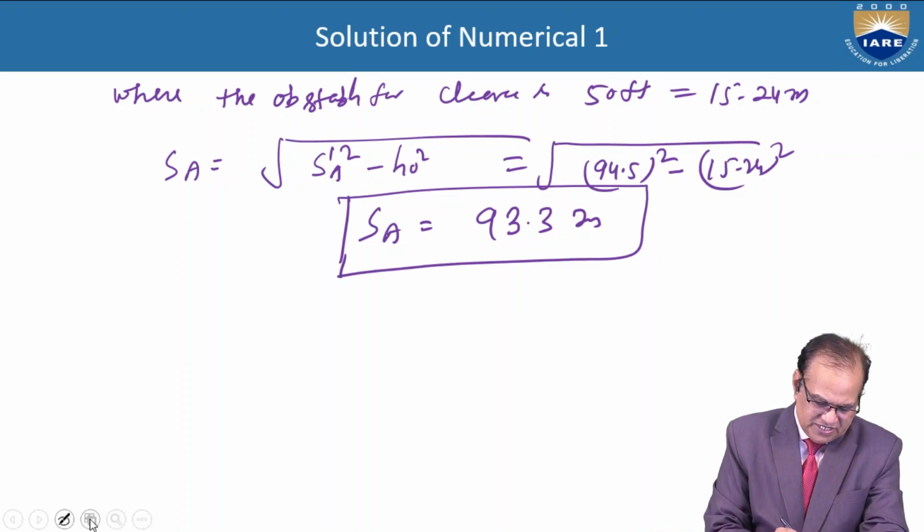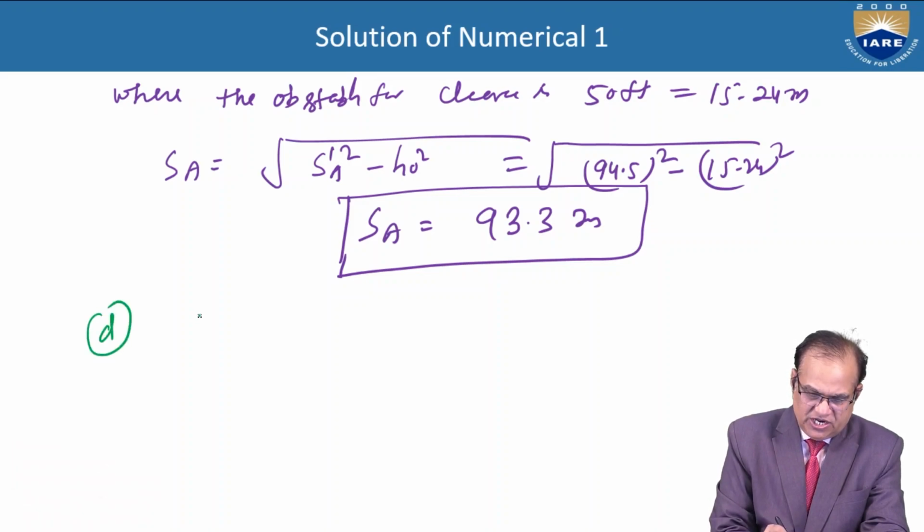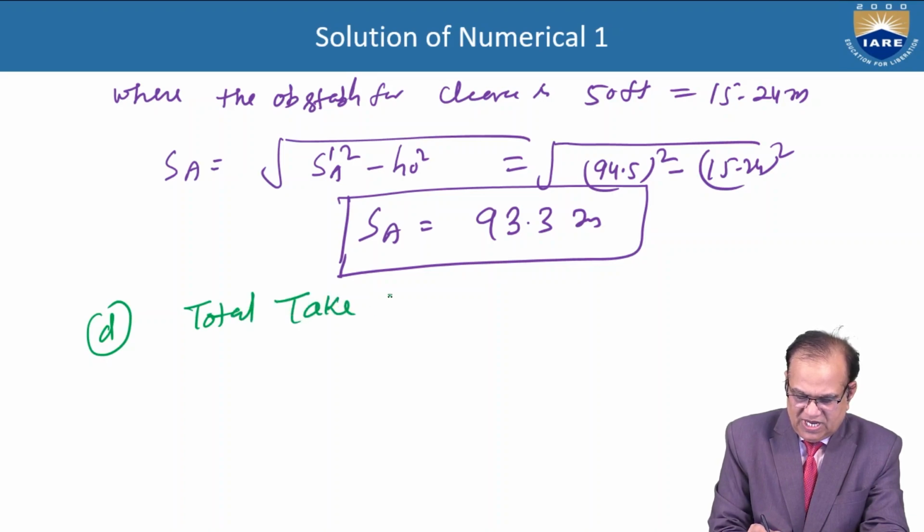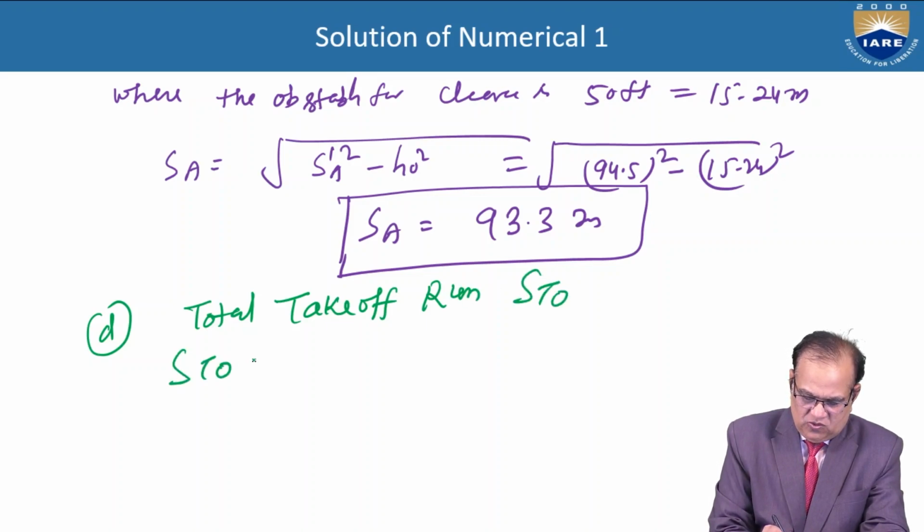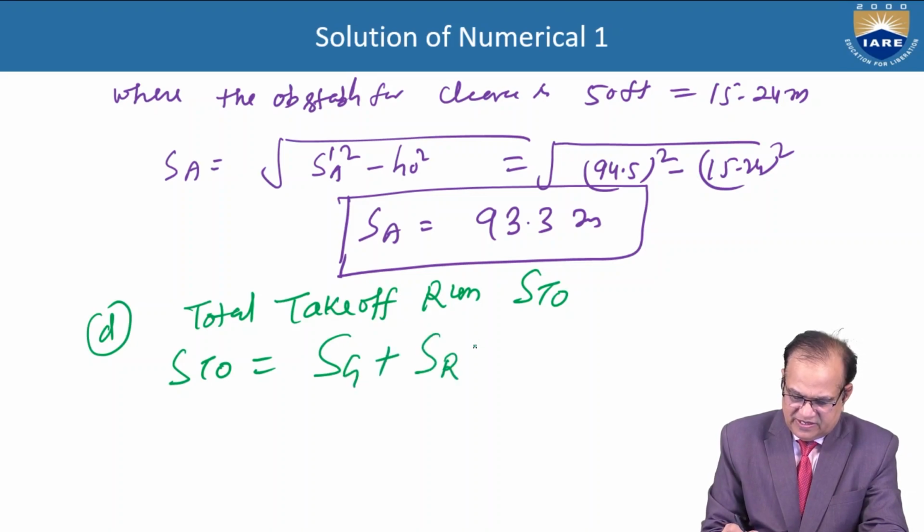Now the last and the final requirement is D, that is the total takeoff run. Total takeoff run, that is STO. So STO is equal to SG, ground roll, plus rotational, plus airborne.